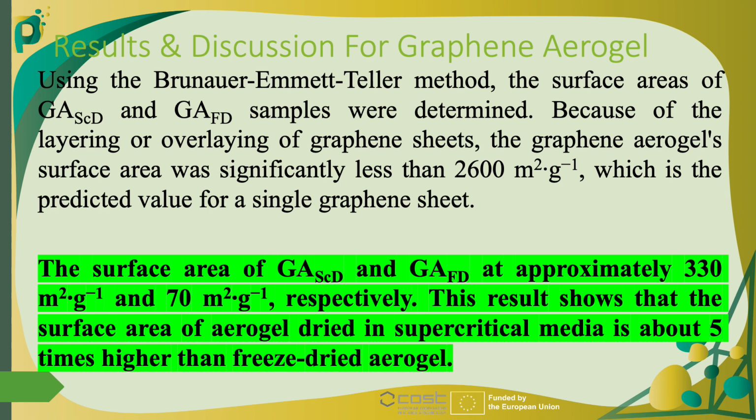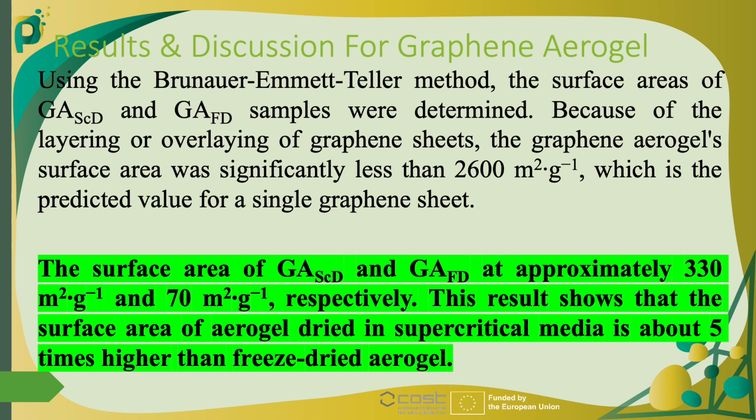Using the Brunauer-Emmett-Teller, abbreviated BET, method, the surface areas of supercritical dried graphene aerogel and freeze-dried graphene aerogel samples were determined. Because of the layering or overlaying of graphene sheets, the graphene aerogel surface area was significantly less than 2,600 meter squared per gram, which is the predicted value for a single graphene sheet.